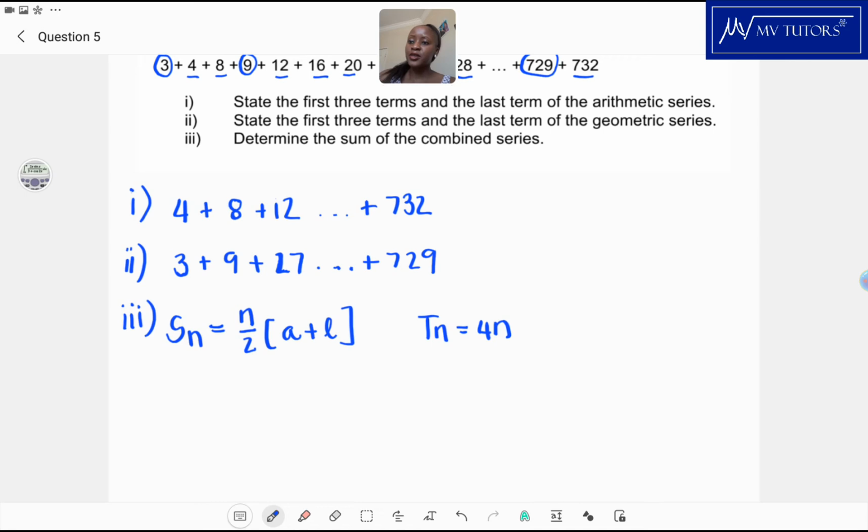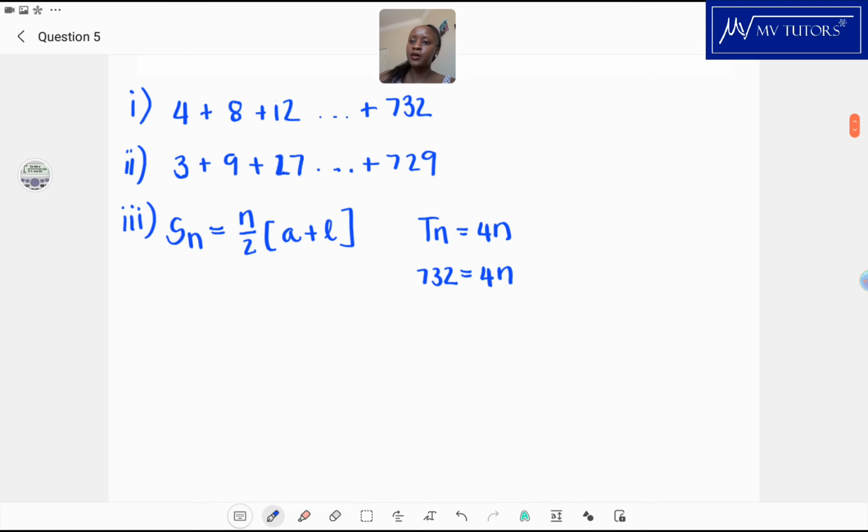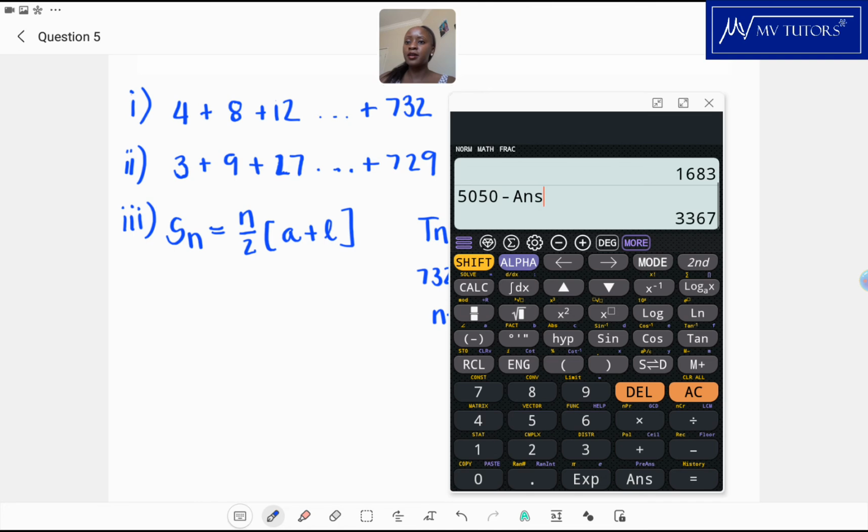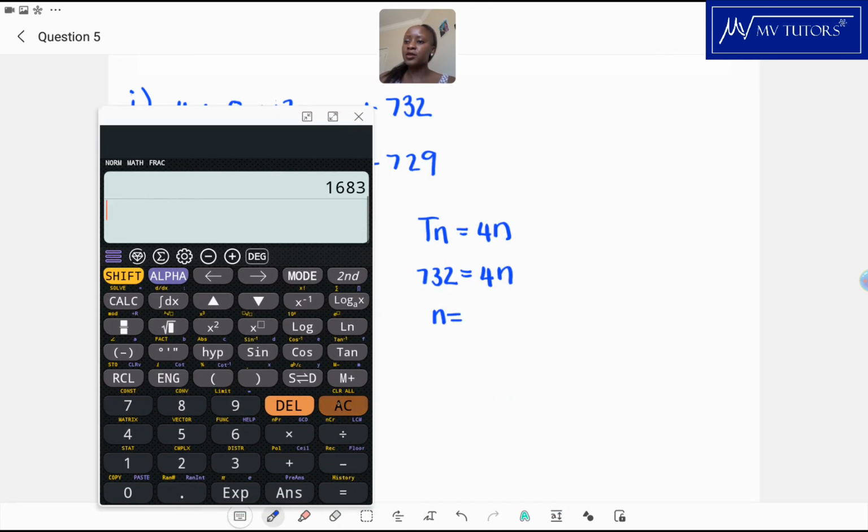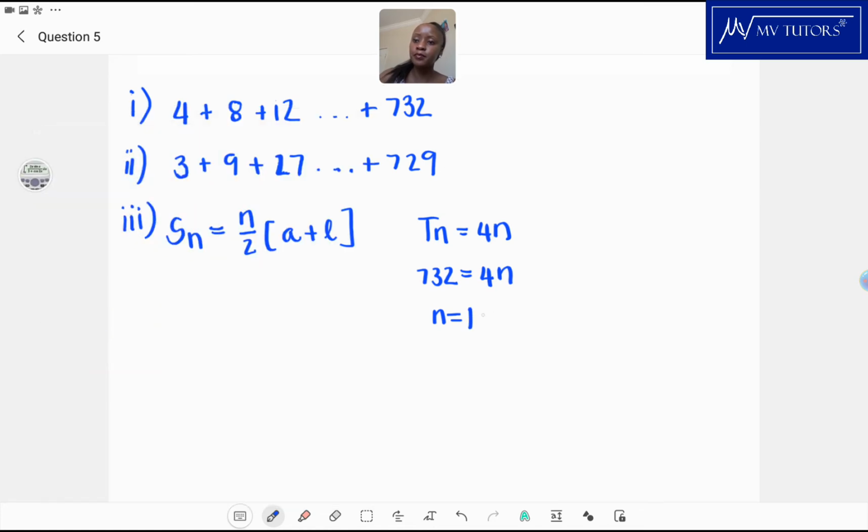If I'm looking for the number of terms, I know my last term is 732. So let's pop up the calculator and say 732 divided by 4. We have 183. 183 terms.